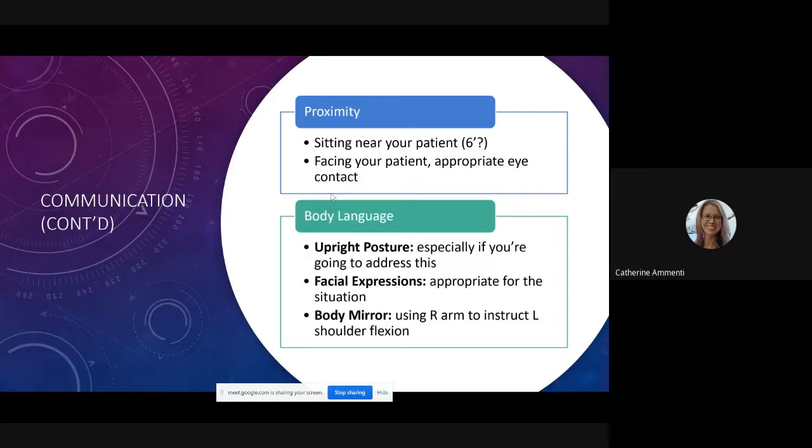So I'll say, raise your left arm, as I raise my right arm, so they can see this is the motion I'm wanting. If I'm facing them, that's the side that I want them to lift up. It works in most cases. Sometimes patients will be confused by that, but most patients will immediately mirror what you're doing on the mirrored side that you're moving.